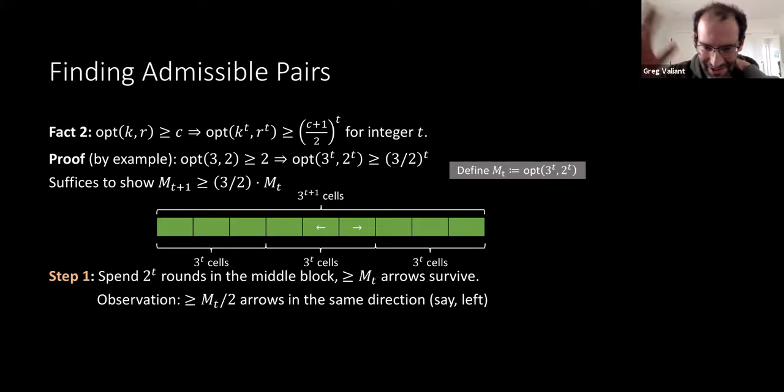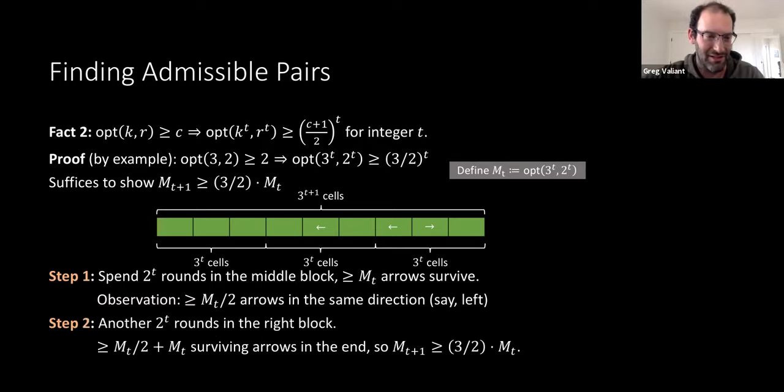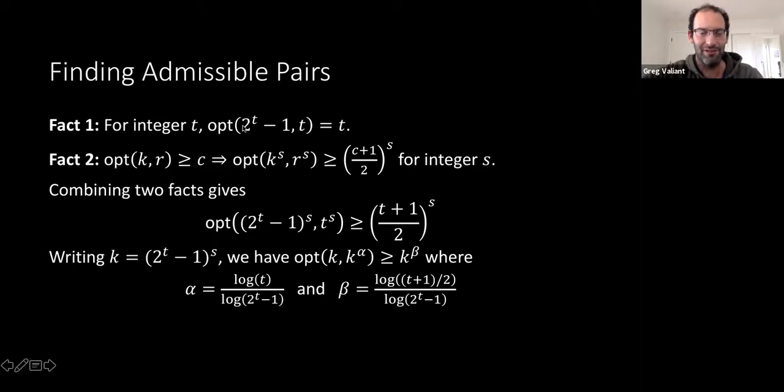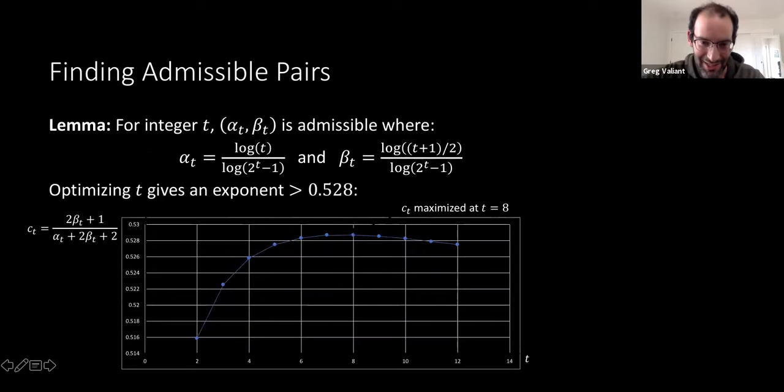I wanted to describe this and the previous binary search argument just to give some intuition of how to think about these sidestepping games. If you combine these 2 facts, the binary search together with the fact that you can start exponentiating good strategies, then you get some horrible expression, and you can plot it and you end up with an exponent for calibration that's strictly bigger than 0.5.